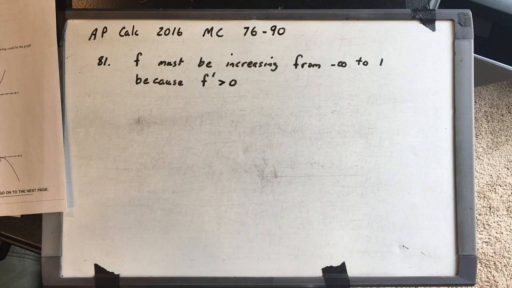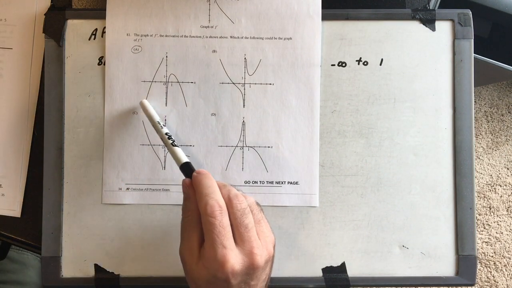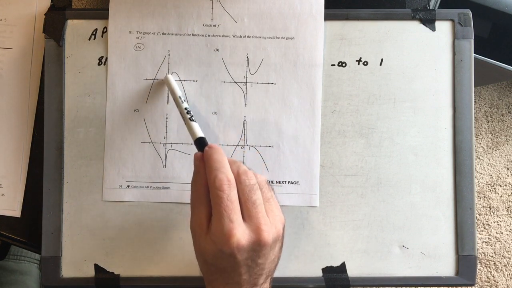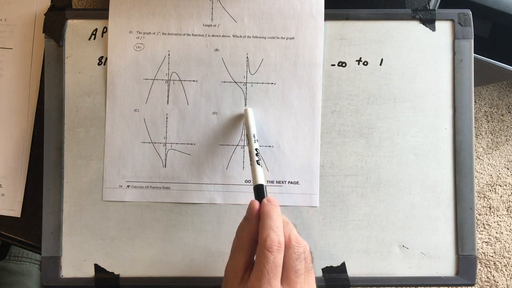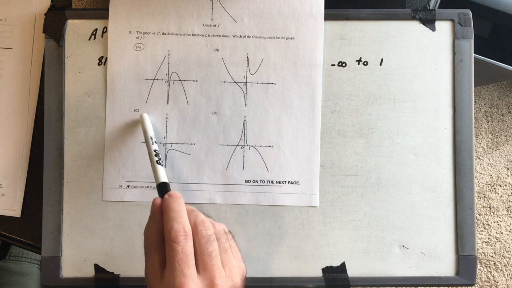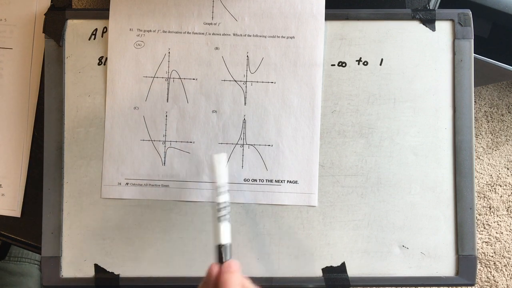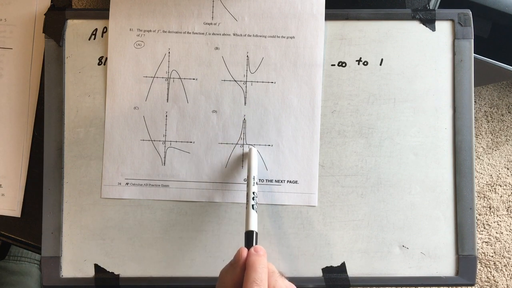So for which of the answer graphs is that true? A, left to right, is increasing to 1, and then it's decreasing. B is out, it's decreasing. C is out, it's increasing here, but decreasing here. And D is increasing, but from 0 to 1, it's decreasing.